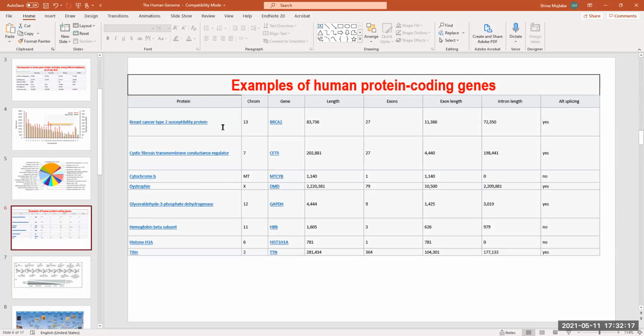Some of the important genes are BRCA2, located on chromosome 13, the cystic fibrosis gene on chromosome 7, and GAPDH, which is a housekeeping gene, glyceraldehyde 3-phosphate dehydrogenase.